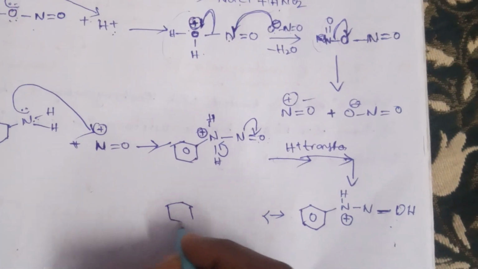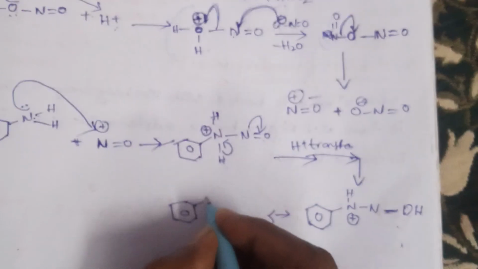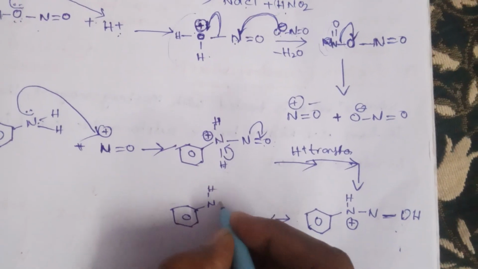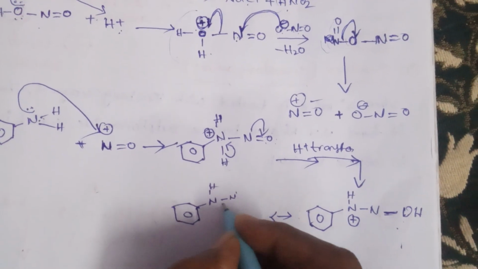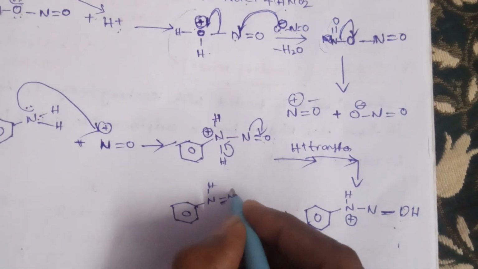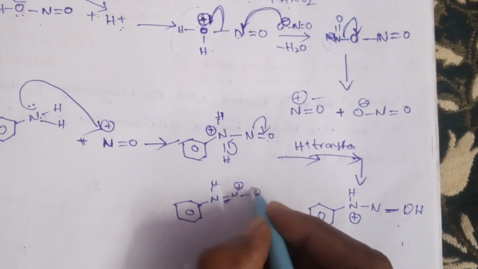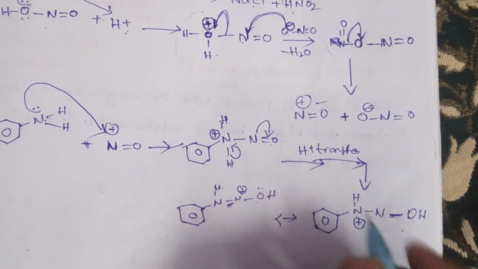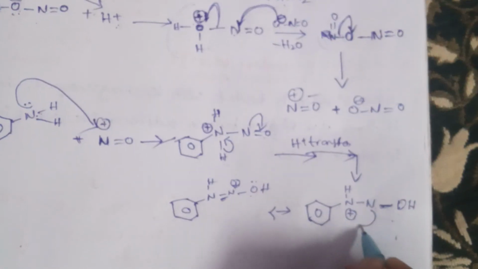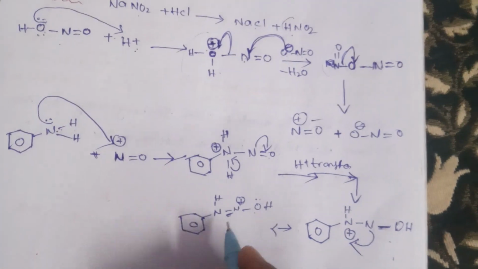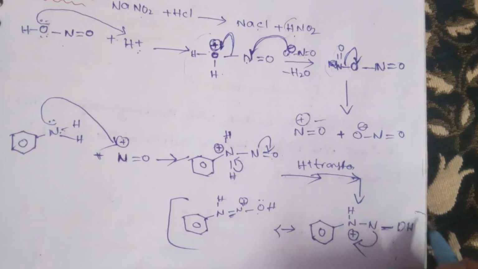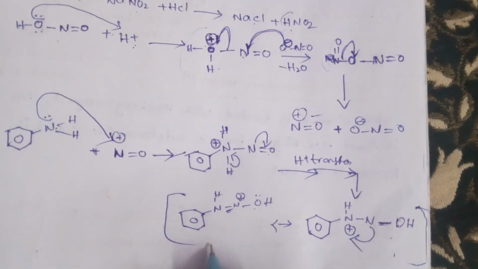Now we have to write like this also. That means nitrogen is there and double bond nitrogen plus OH. That means this nitrogen is like this. So this is the resonance structure of this.